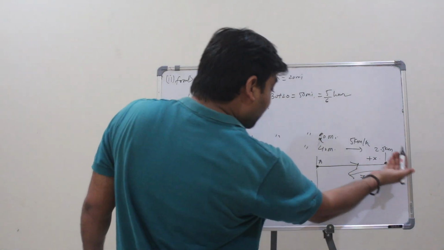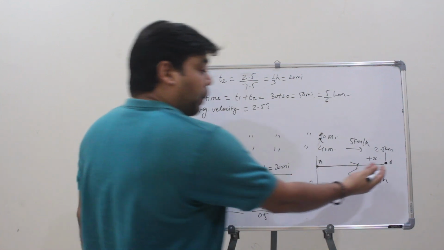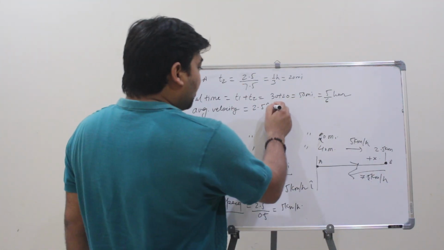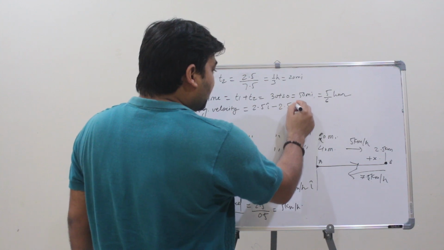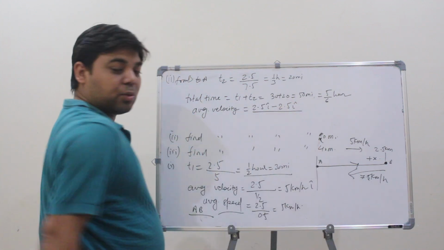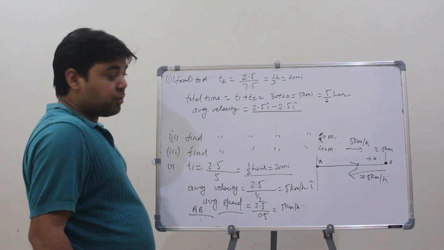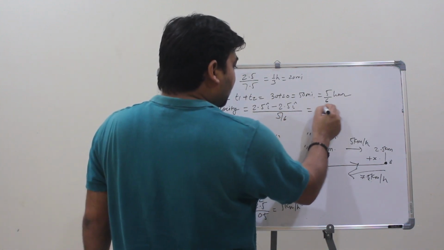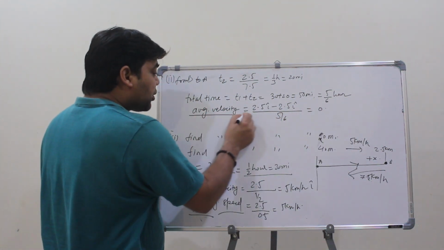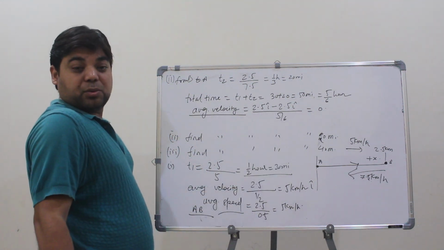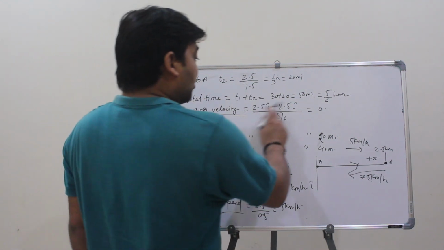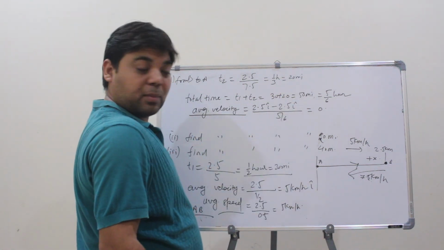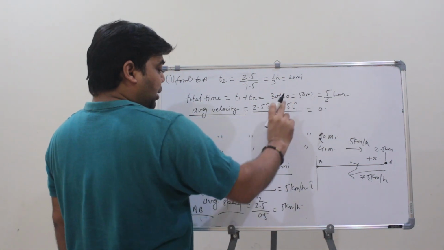Now he is returning from B to A. So he again came to the same point from where he started, so it means that its total displacement is 0. 2.5 minus 2.5 divided by time, 5 by 6. So this is 0, so it means that average velocity is 0. Right? So you took the algebraic sum, keeping in mind the time.